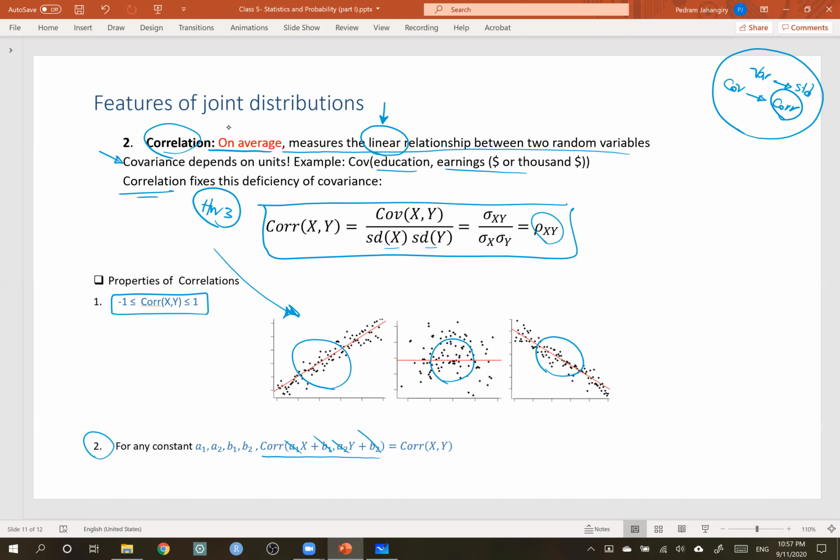So what does it suggest? It suggests that if you have two random variables, x and y, and you multiply them by any number and add a constant, the correlation is not going to change, right? And this is what we capture in econometrics. At the end of the day, what we capture is the correlation between random variables, but the goal is to move beyond those correlations by controlling for more explanatory variables.